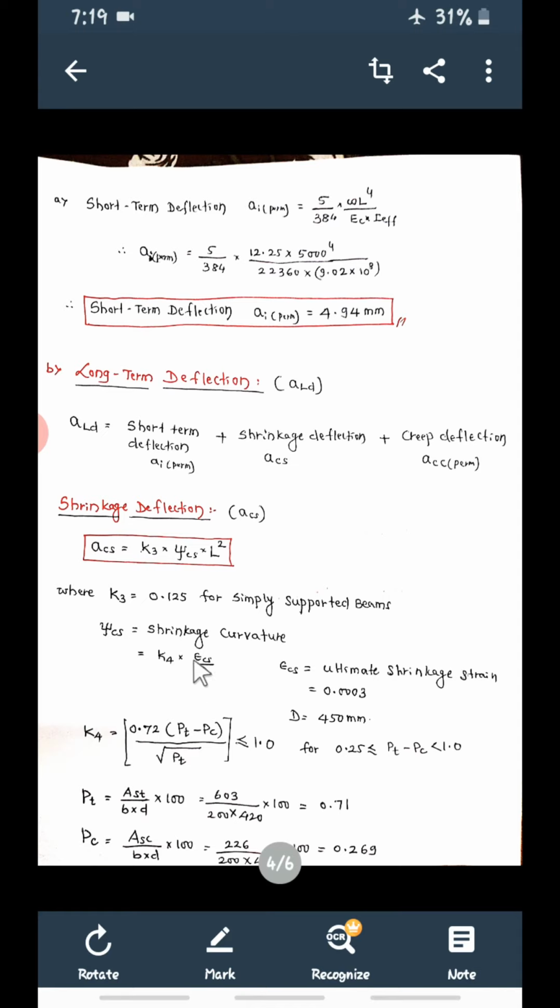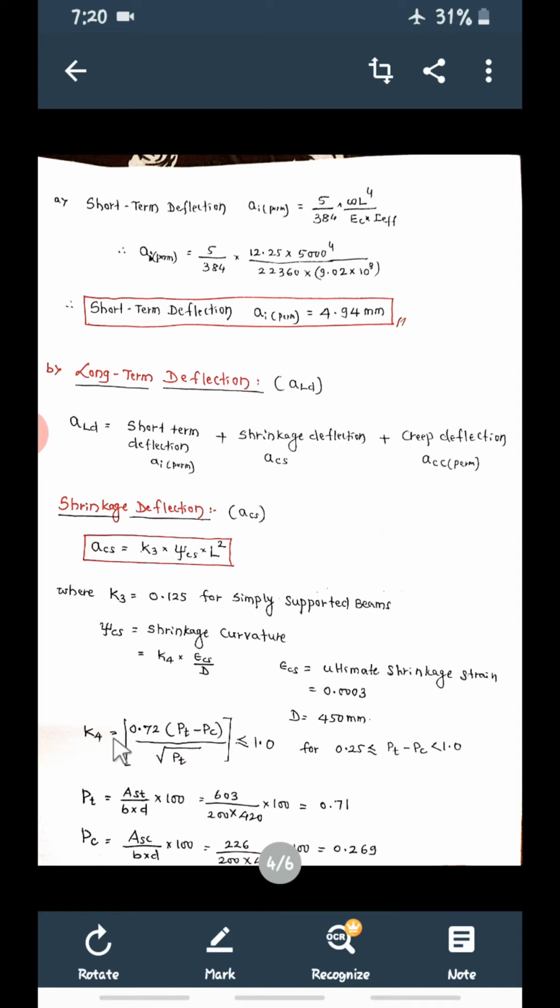Then for K4 you have to calculate ECS. In the problem, if it is not given, ECS is the ultimate shrinkage strain. We are calculating shrinkage, so directly you can take it as 0.0003 strain, it has no unit.